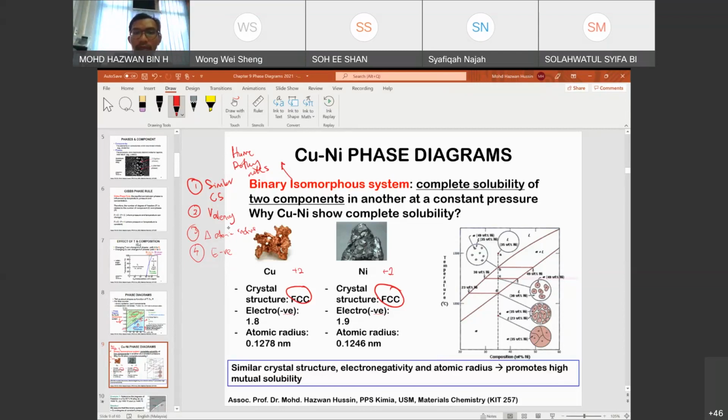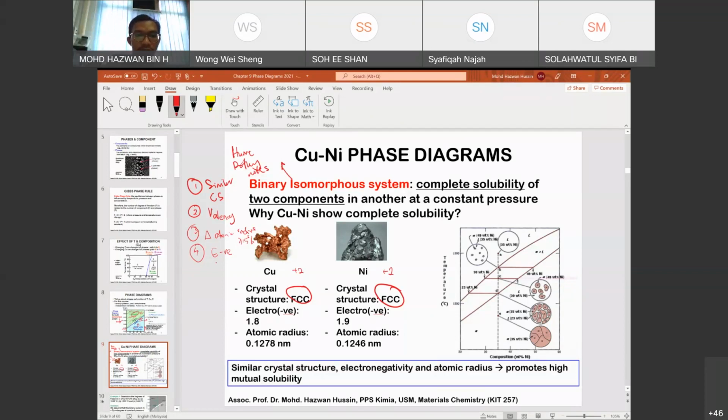Second is to have similar valency, and the rest will be as follows. Difference in atomic radius, not more than 15%. And finally, electronegativity. Because sometimes, if the electronegativity value is not the same but the first three points are followed, then automatically it will follow the Hume Rothery rules.